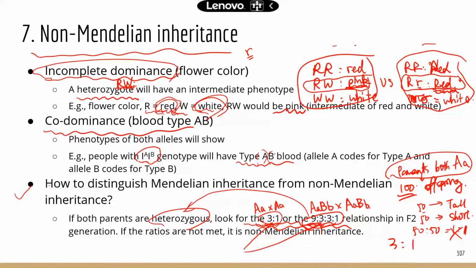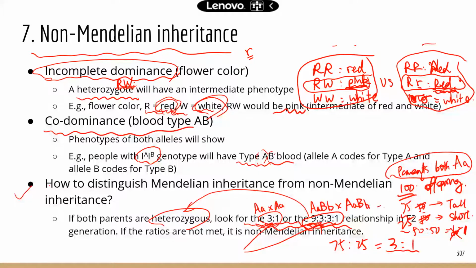Okay, now what if I change this to 75 over here and 25 over here? Then after you do the calculation, 75 to 25, that's a 3:1, right? So this follows Mendelian genetics. Now, when you do real experiments, the number of offspring that have a particular trait might not be exactly 75 or 25.